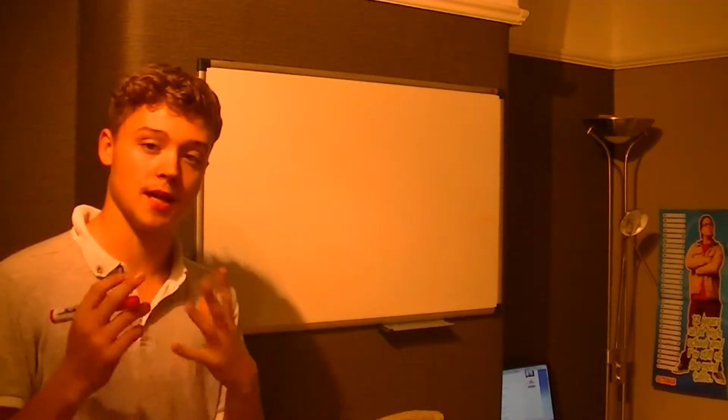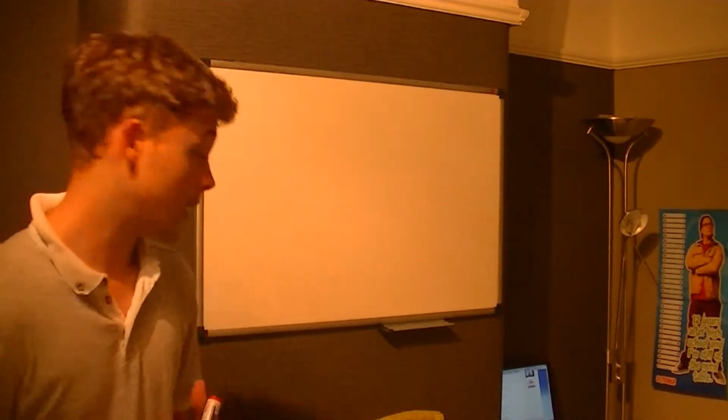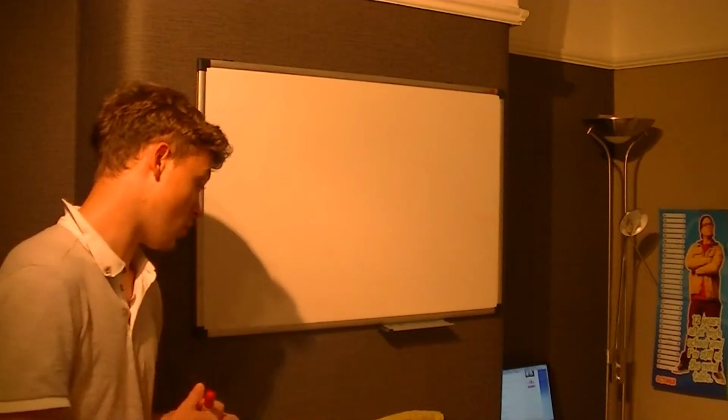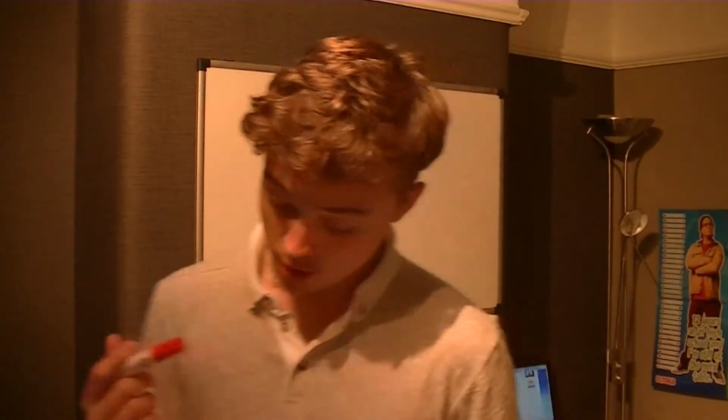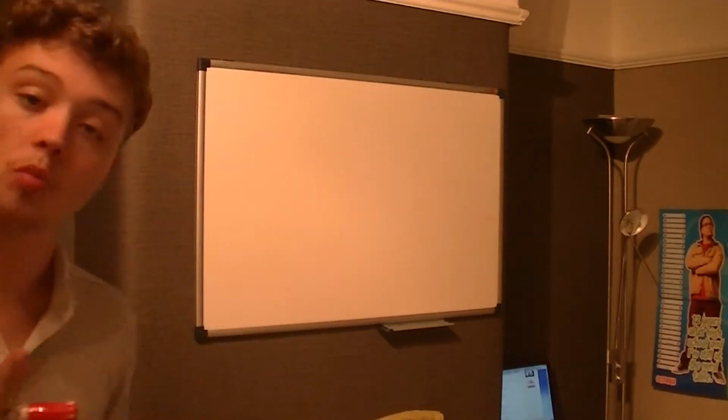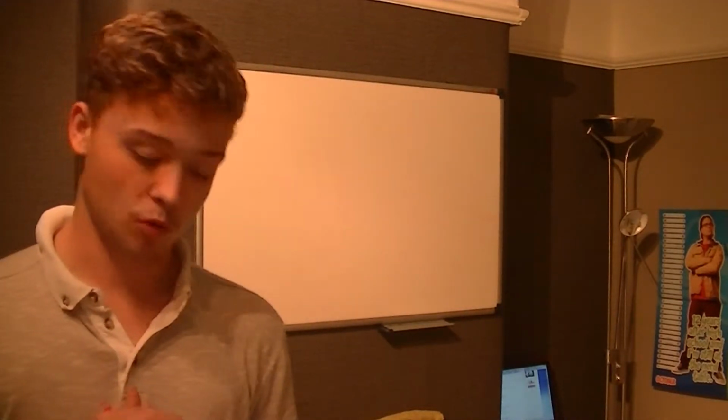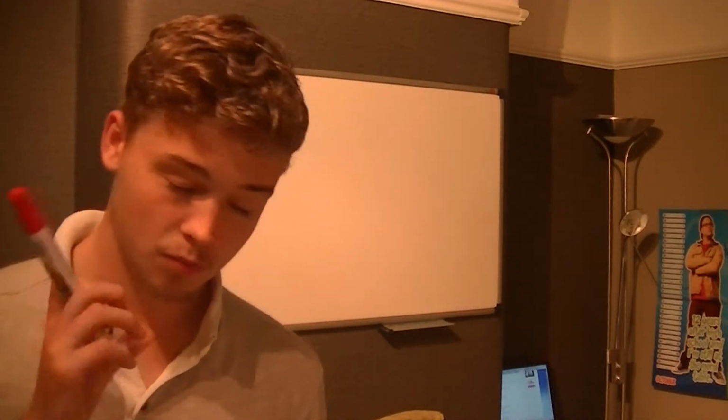Now what we're going to be doing today is kicking off with a small recap on marginal revenue product. Then I'll be talking about, as the title suggests, the determinants of the demand for labour, what determines the amount that labour is demanded, and then I'll go through the wage elasticity of demand and how that relates to price elasticity of demand.